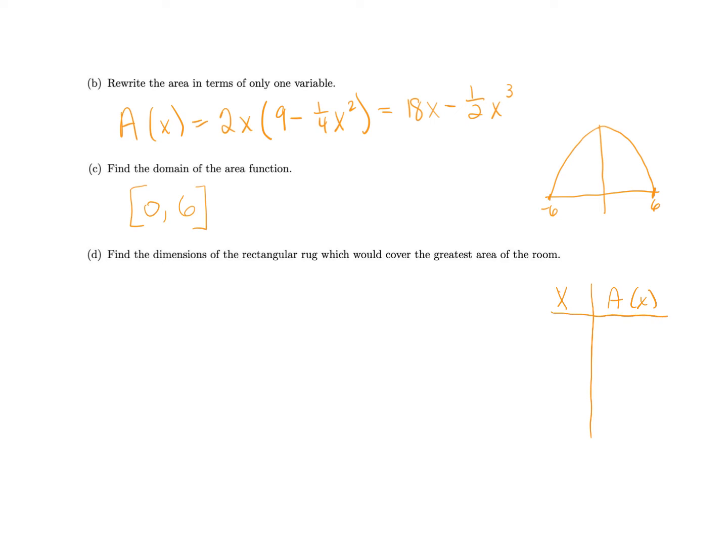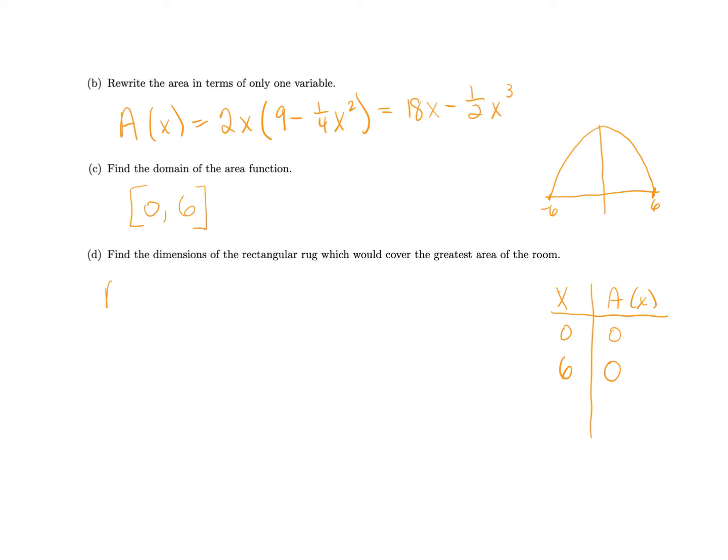So I'm going to put those two endpoints of my interval into a table of values for area. Both of these endpoints should give me 0. And if you plug them in here, you do get 0. Now I need to add critical points to that table.